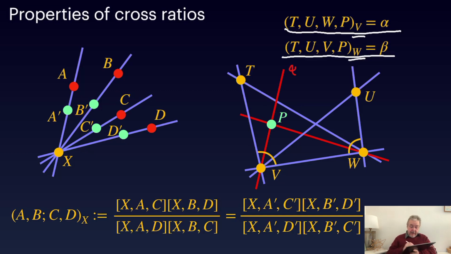And similarly, if we know this cross ratio here, we know that if the yellow points are fixed, the green point has to lie on a certain line here, which is given by the parameter beta, and the intersection of these two lines really uniquely defines the position of point P.